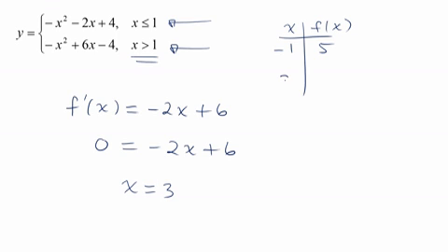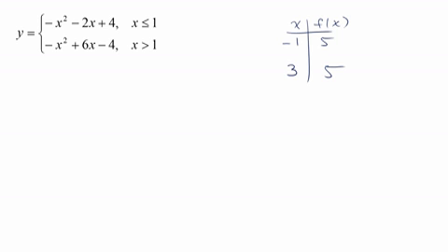So when x is equal to 3, f of x is equal to 5. Therefore, we have a maximum function value of 5 happening at two places, at negative 1 and also at positive 3. There is also one other critical point that we must consider.